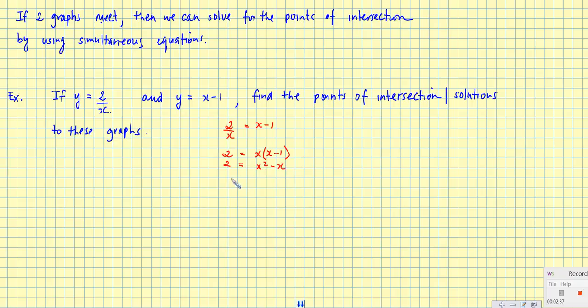And then I would bring everything over to one side of the equation, so that I have 0 is equal to x squared minus x minus 2.